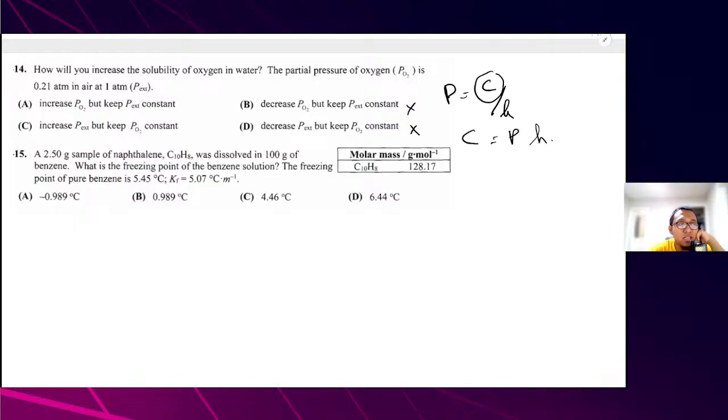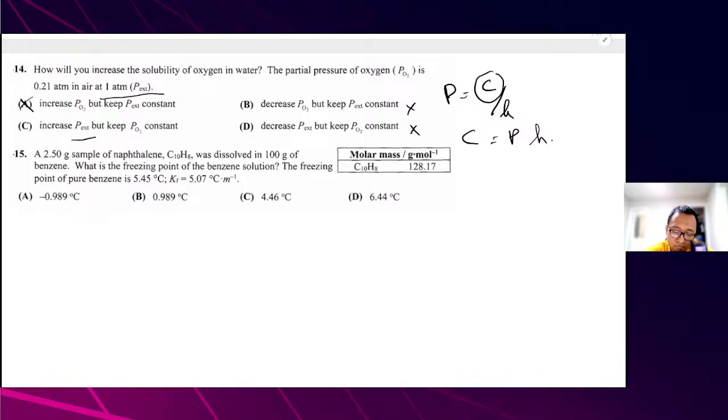We need to increase PO2, the partial pressure of oxygen, not decreasing. So it's pretty simple. Px doesn't necessarily affect oxygen partial pressure, right? So it doesn't matter.